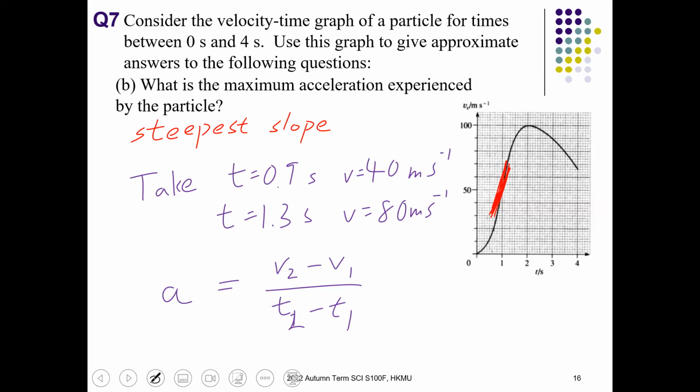Since our time keeps increasing, t1 is 0.9 and t2 is 1.3, so v1 is 40 and v2 is 80. We get the value of 100 meters per square second.